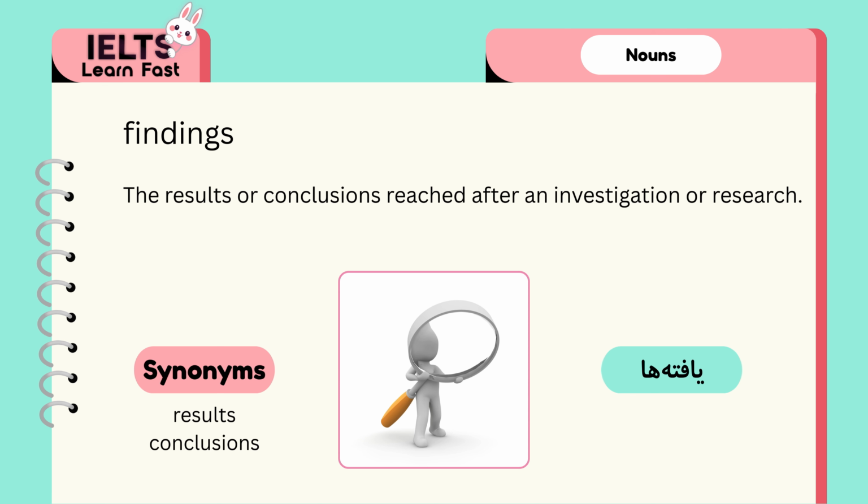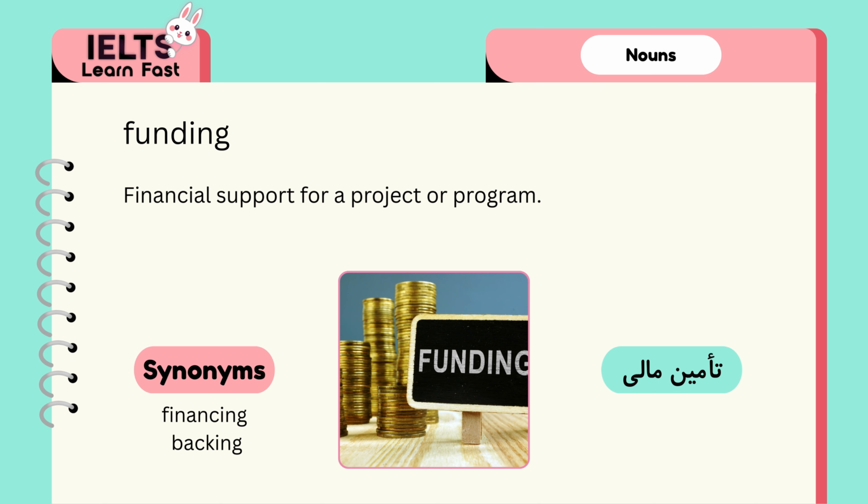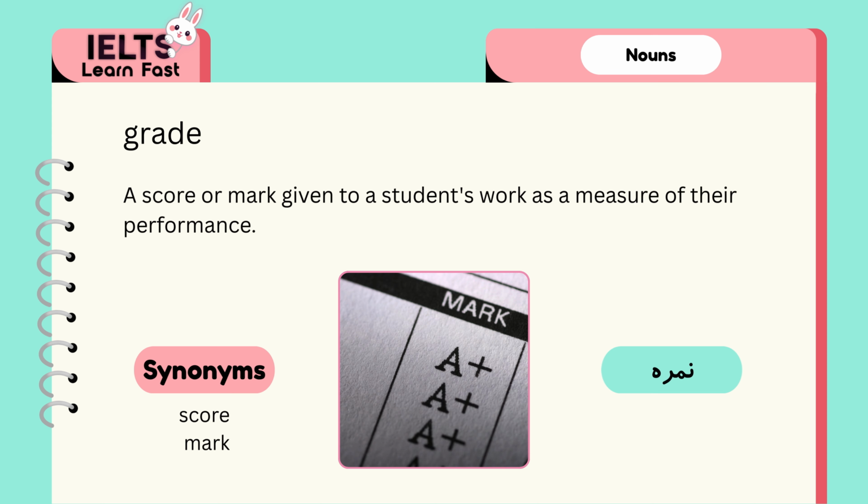Findings: the results or conclusions reached after an investigation or research. Synonyms: results, conclusions. Funding: financial support for a project or program. Synonyms: financing, backing. Grade: a score or mark given to a student's work as a measure of their performance.